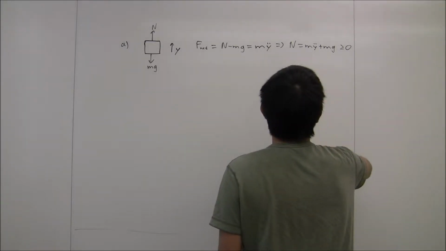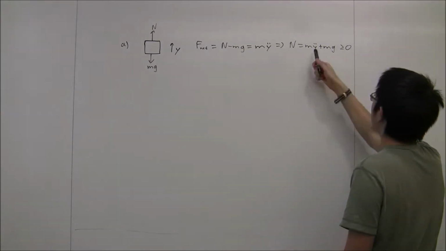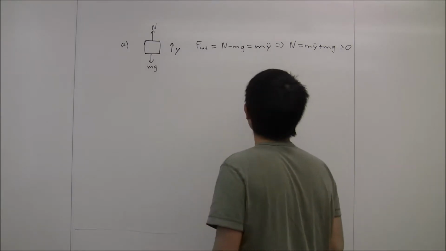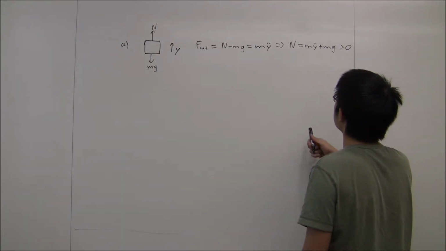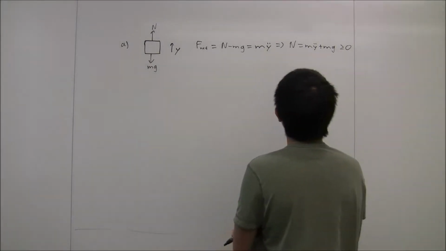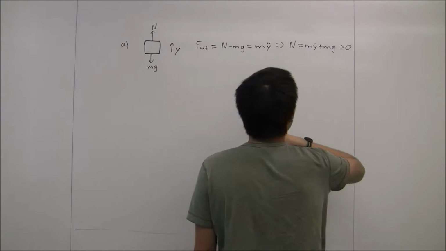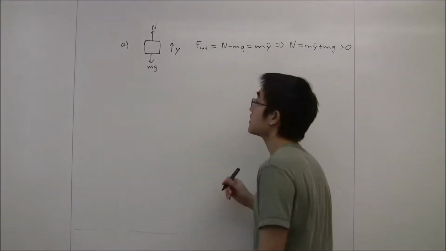Now, since mg is a constant, the value of n depends on y double dot, the vertical acceleration of the block. So when y double dot is at a minimum, n is at a minimum. To figure out what the minimum value of y double dot is, we first have to have an equation of motion for the block.